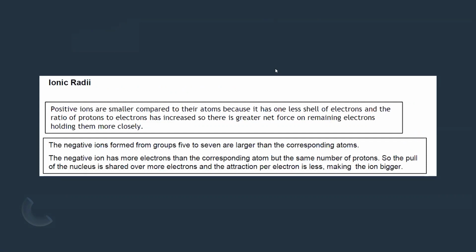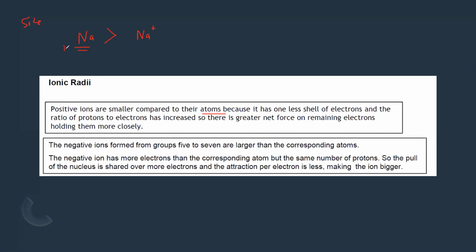Then what about the ionic radii, or when we compare the size of the ion? Positive ions are smaller as compared to that of the atom. What is the reason? For example, if I compare the size of a sodium atom with a sodium ion, I'll find the sodium atom is greater in size as compared to the sodium ion. What is the reason?